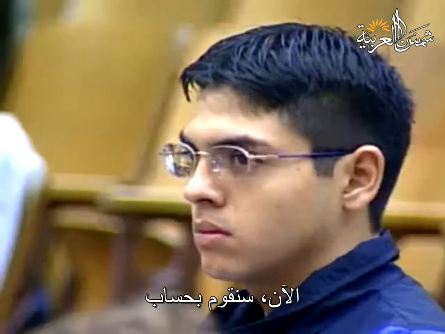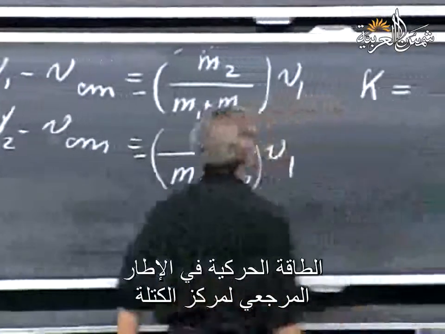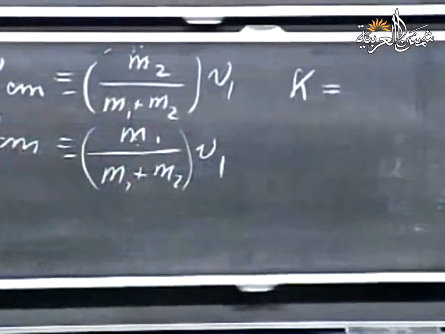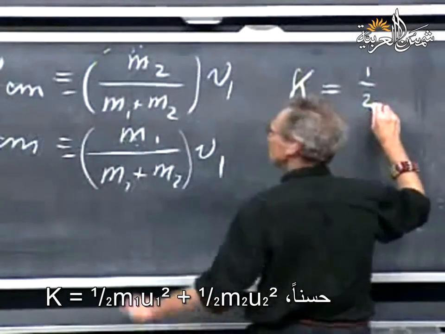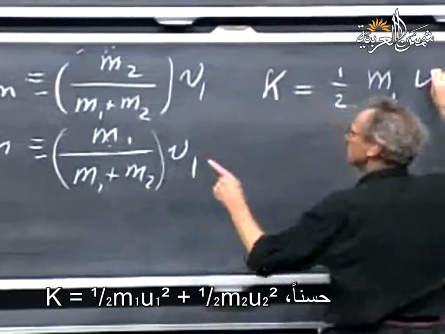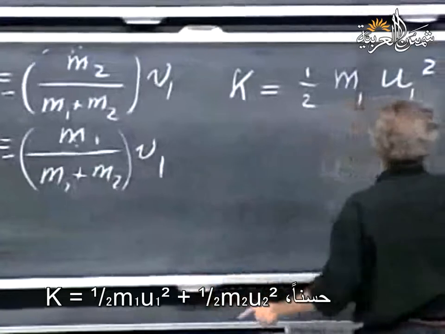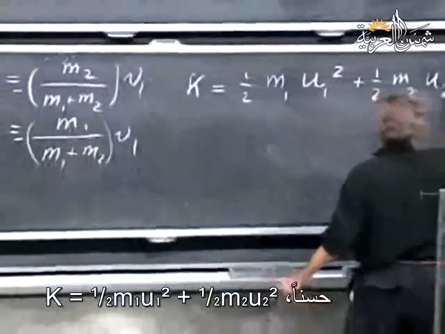Now we are going to calculate the kinetic energy in the center of mass frame. Well, that equals 1/2 of M1 times U1 squared plus 1/2 M2 times U2 squared.